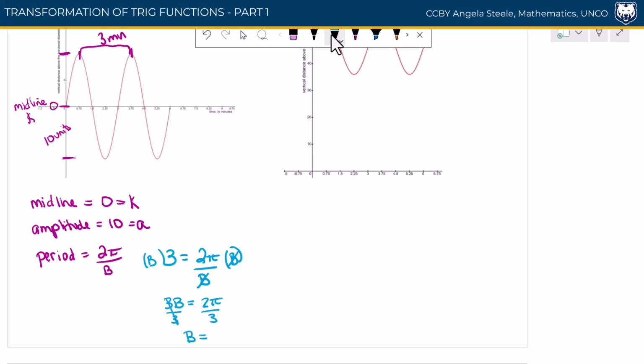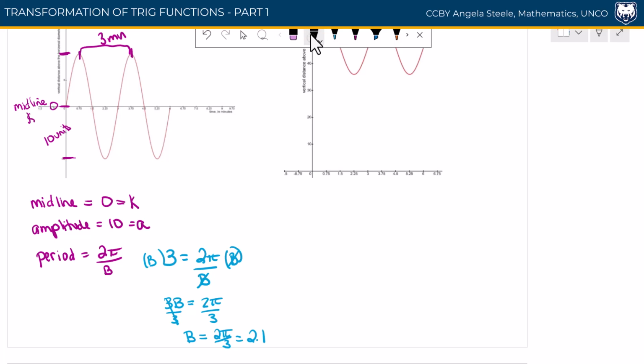So that means that our b is going to be 2 pi divided by 3. We can plug that into the equation, or if you prefer to plug it into the calculator and find its decimal value, you can do that as well, which we get 2.1. Okay, so now this is the b value that will get plugged into the equation. Notice that it's different than the period. The period was 3, the b value is 2.1.